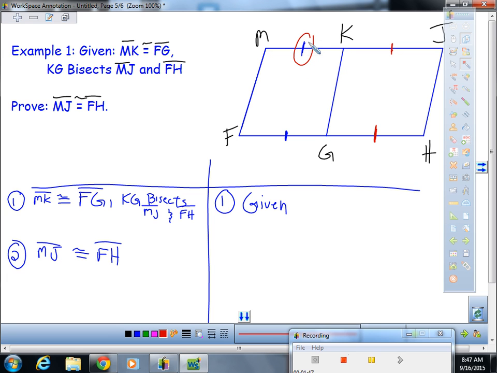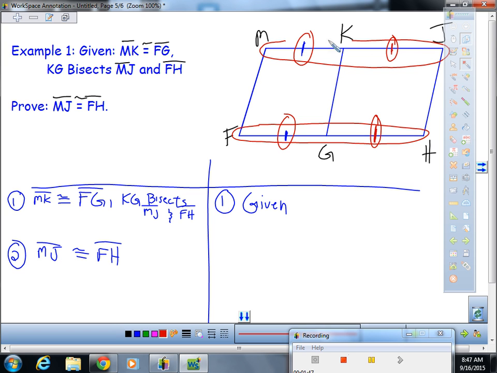However, these were congruent in the first place, which means these must be congruent, and therefore the entire big segments must be congruent to each other. Have the segments gotten bigger or have they gotten smaller? They've gotten bigger. So our reason will be multiplication theorem.